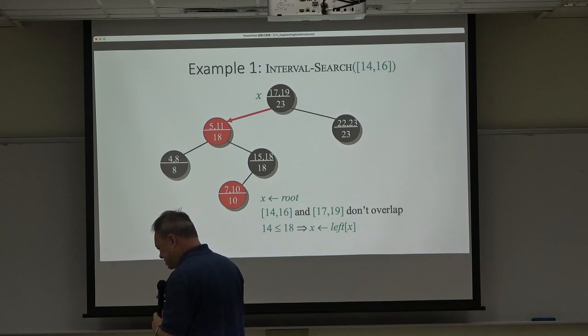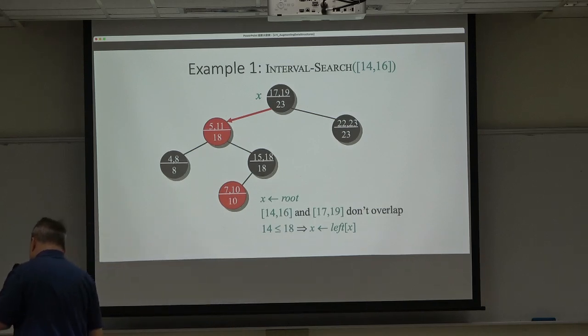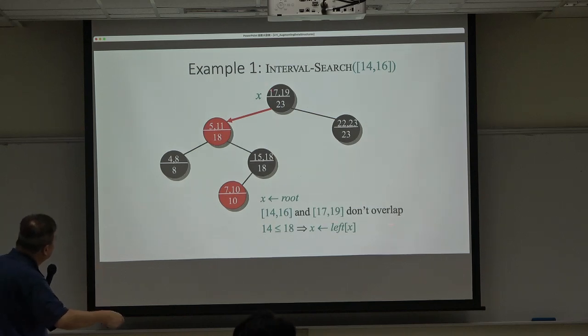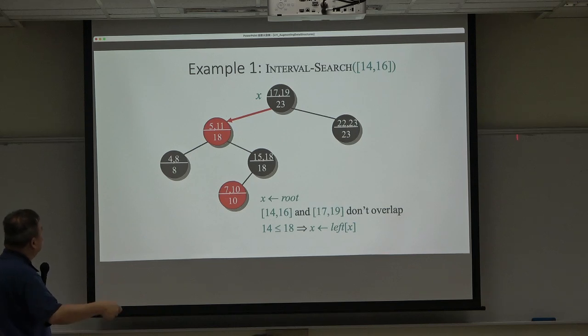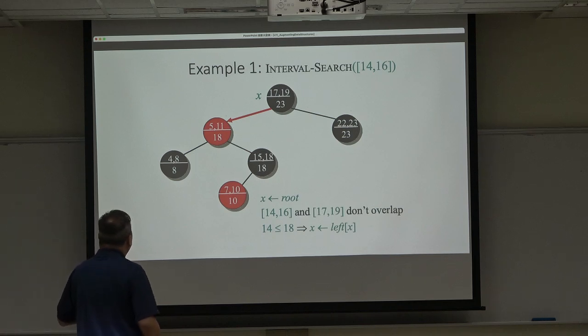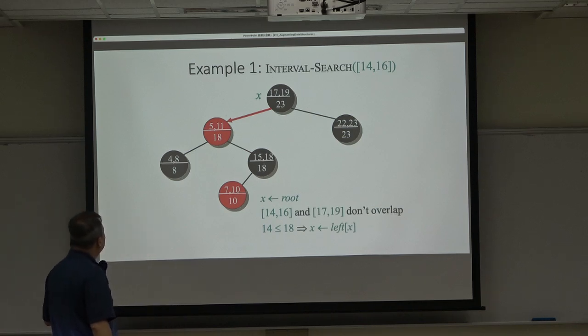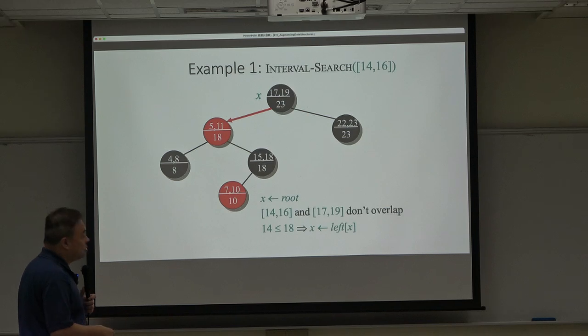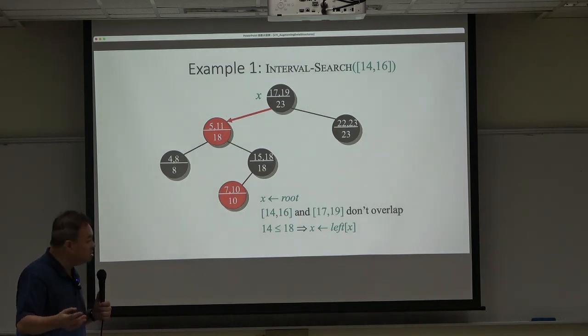So let me use an example. This is a valid interval tree that we build utilizing the red-black tree. Then we assume the query interval is 14, 16. 14, 16 is our query interval I. Then we start from the root.